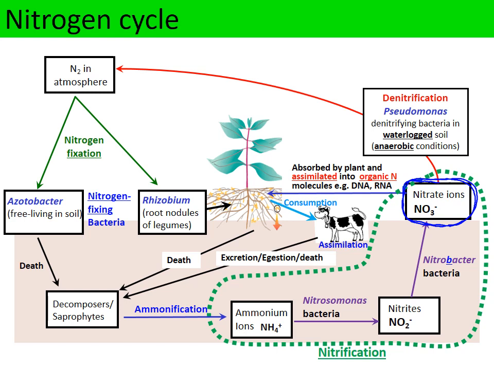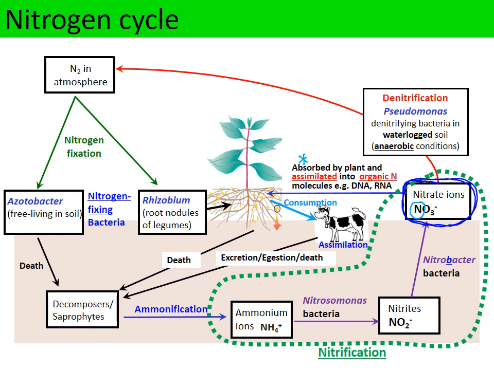And we know the nitrogen from the nitrates is going to be used by the plants and assimilated into organic nitrogen. So we know these plants have to make their own DNA and RNA and amino acids and therefore proteins, etc. And they need this nitrogen to be able to do that, which predominantly does come from nitrate ions.